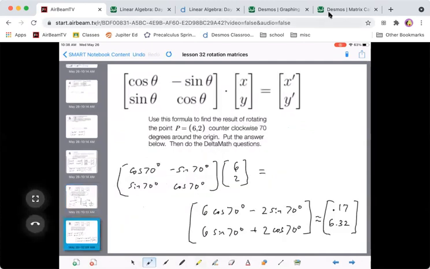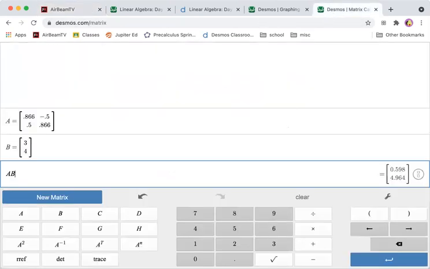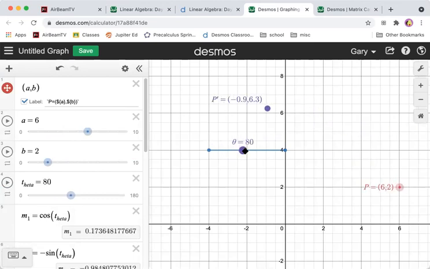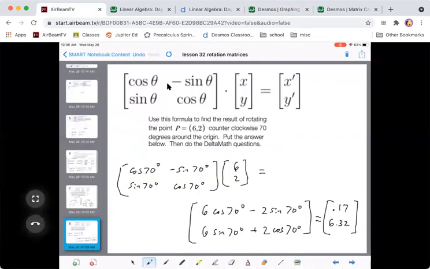You could also verify that by going to the Desmos, this thing, and just literally moving it to 6, 2 and changing the angle to 70 degrees. And you can see the answer did become 0.2 and 6.3, just as predicted.